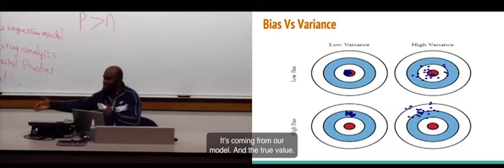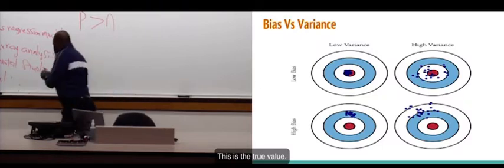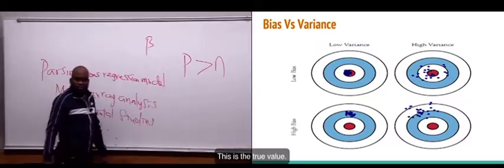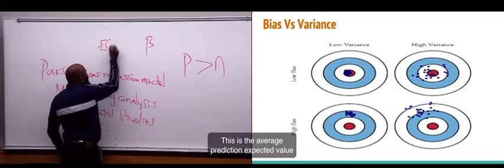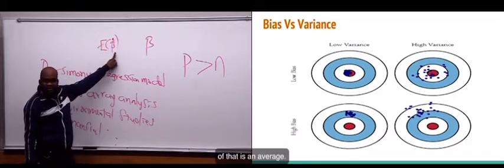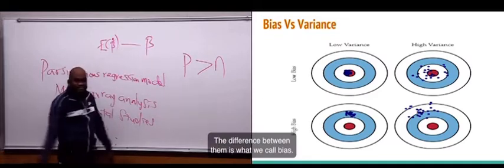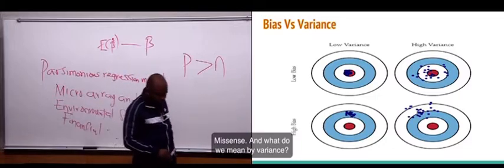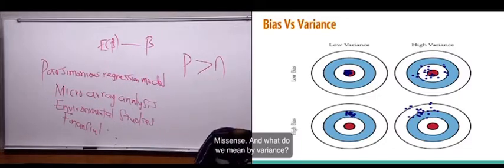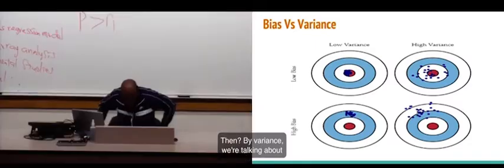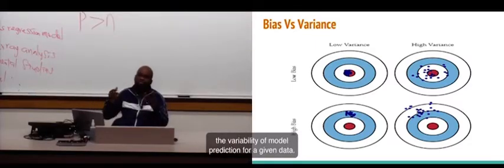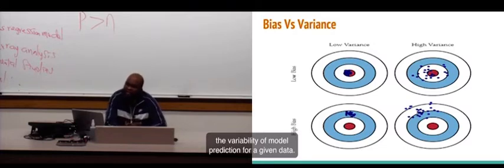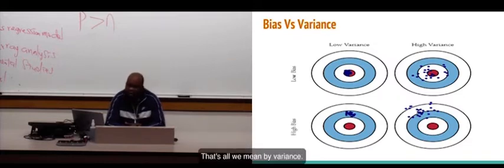And the true value. This is the true value. This is the average prediction, the expected value of that. This is an average. The difference between them is what we call bias. Does that make sense? And what do we mean by variance? By variance, we're talking about the variability of model prediction for a given data. That's what we mean by variance.